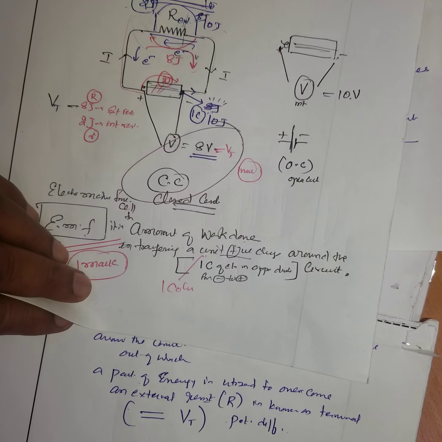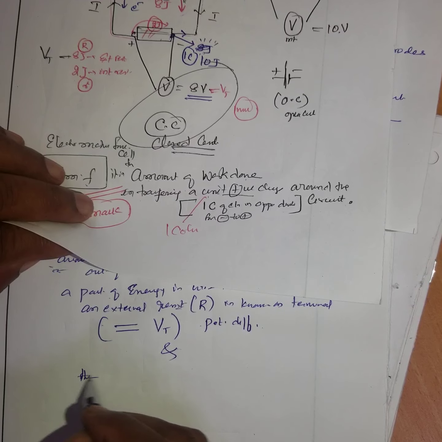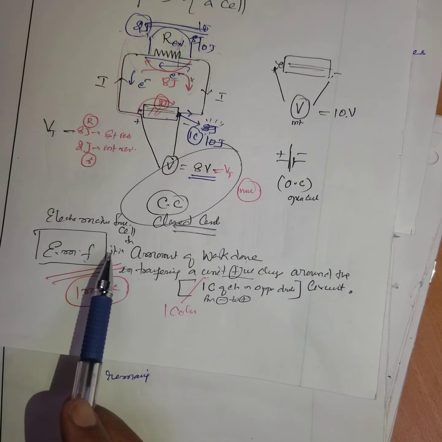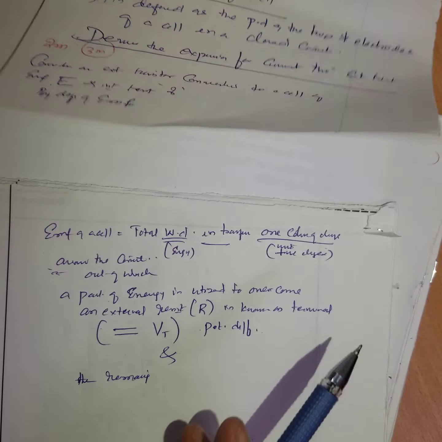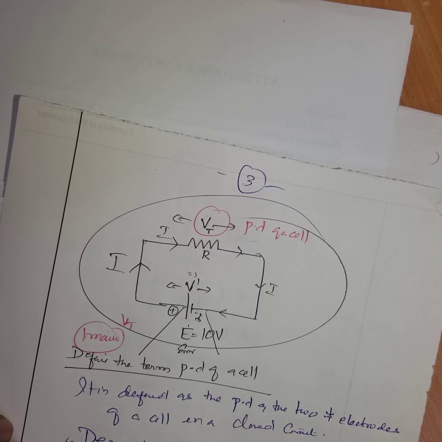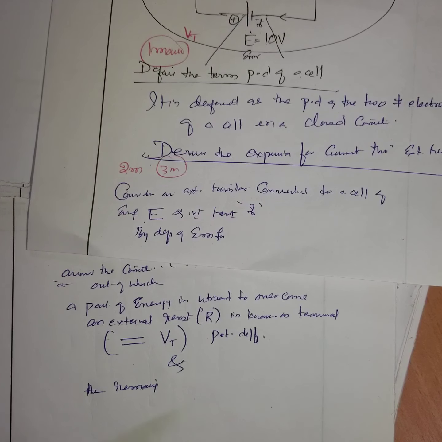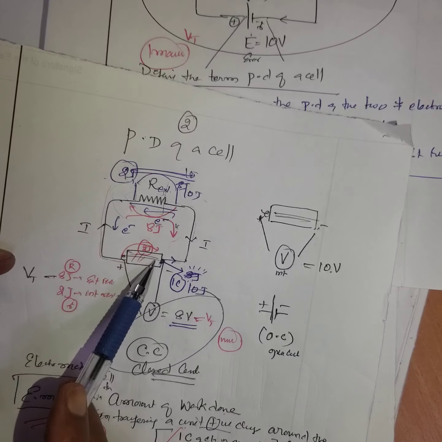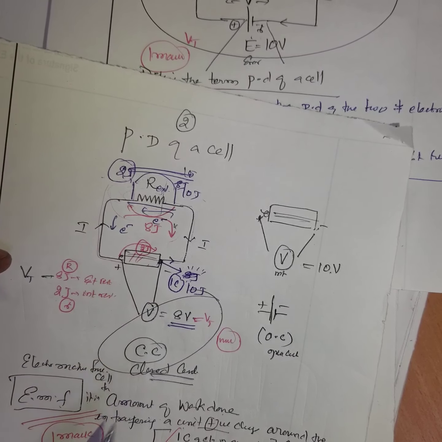Okay, and the remaining part, which is the remaining part? Internal energy, no? Right? Definition of potential difference of cell. Then the remaining part to overcome the internal energy. That's what 2 cells. 8 joules, then 2 joules. Right?